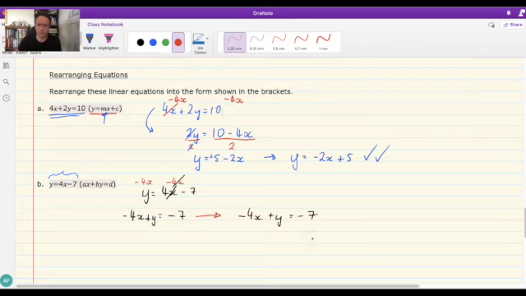To get rid of it, we simply divide this side all by negative 1, and end up with basically just swapping the signs. So we get 4x minus y equals 7. And that's our moving from the y equals mx plus c into the ax plus by equals d version.